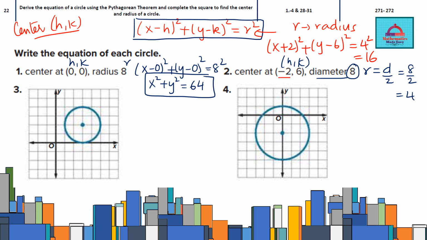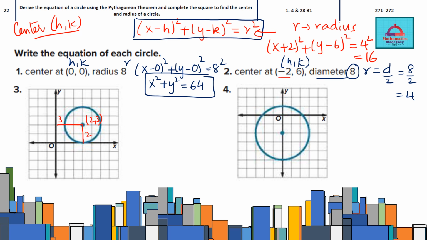Now let's look at questions 3 and 4. Here the graph of the circle is given, the coordinates are not given. So let's see what the coordinates are. If I go on the x-axis 1, 2, 3, if I go on the y-axis 1, 2, so the radius is also 2, and the point of the center is... sorry, x is 3.